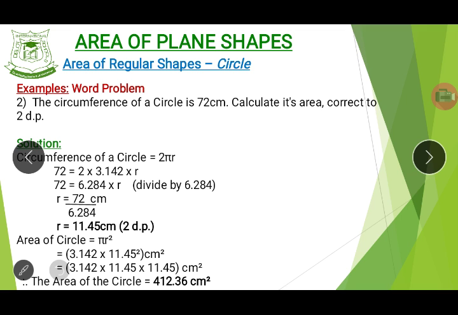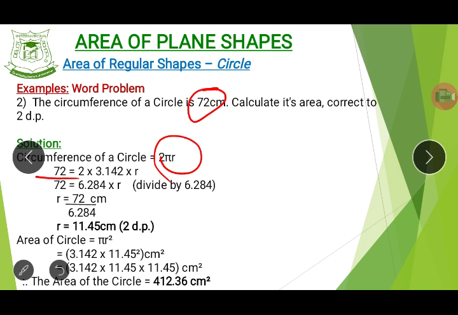Now, we know the formula for the circumference of a circle from the beginning, when we were talking about perimeter. Remember I told you that the circumference of a circle is 2 pi r, as we have done in the beginning.